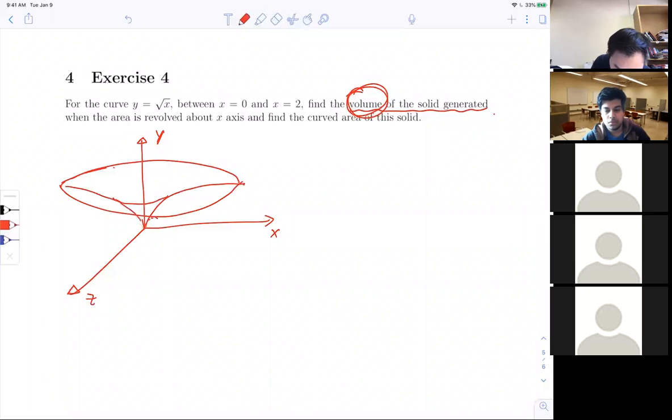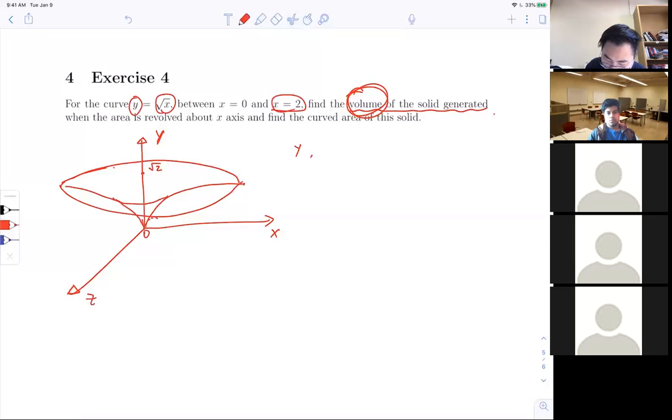Basically, you look at some random y. If this is rotating around the y-axis, then here's 0. This point is the square root of 2, right? Because this is y equal to, x equal to this guy, so it's the square root of 2.